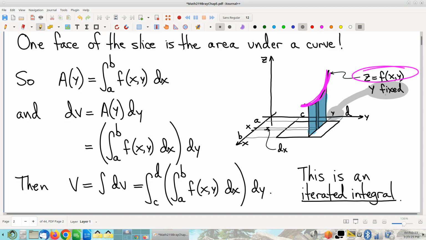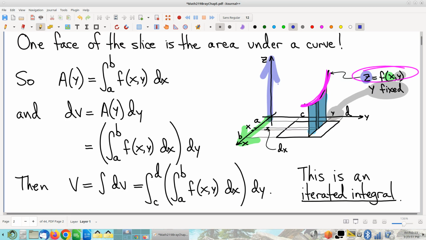And if y is fixed, then we don't really have a function of two variables anymore. We have a function of, in effect, only one variable. The variable is x, and based on that x as an input, I get a z as an output. Height is a function of x, and that's a graph.